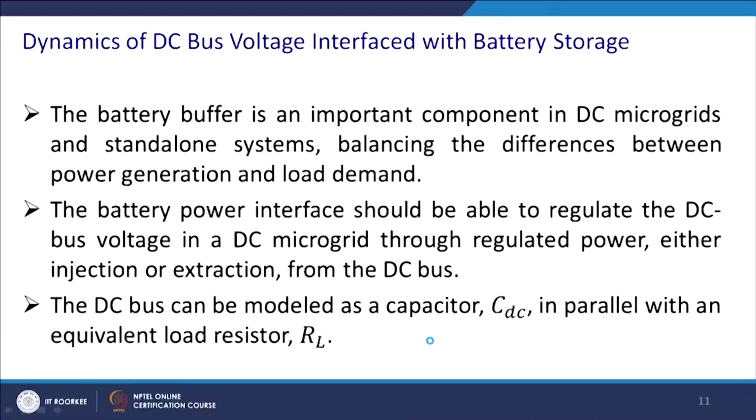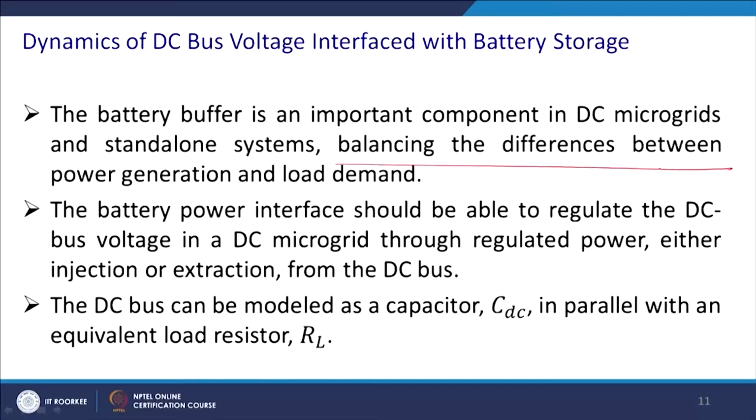The battery buffer is an important component in DC microgrid in a standalone system, because most of the cases you may have a mismatch between the generation peak and the demand peak, and also instantaneous mismatch between the power of the two entities.